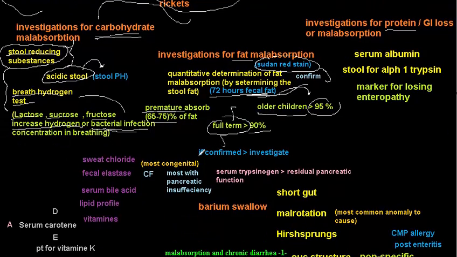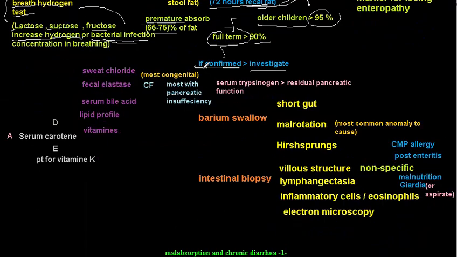If you confirm the presence of fat malabsorption, you have to further investigate the underlying causes that may lead to fat malabsorption. Like what? Like cystic fibrosis, very very important, the most common congenital cause of malabsorption, okay.